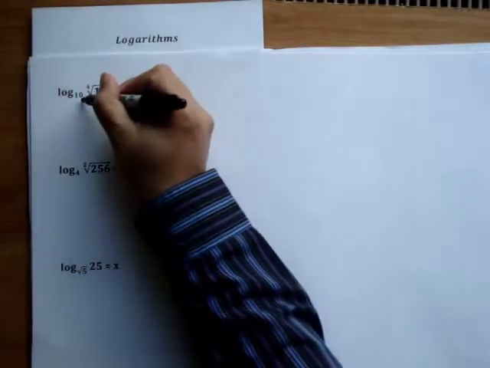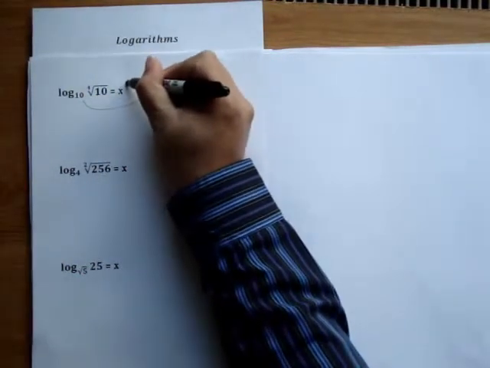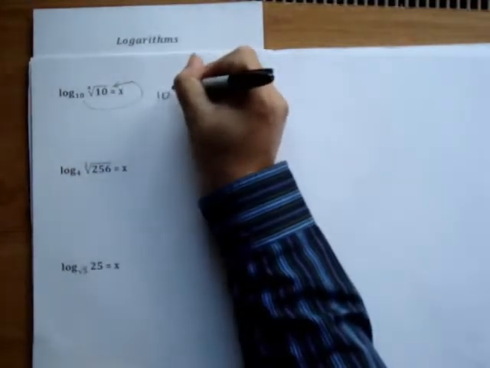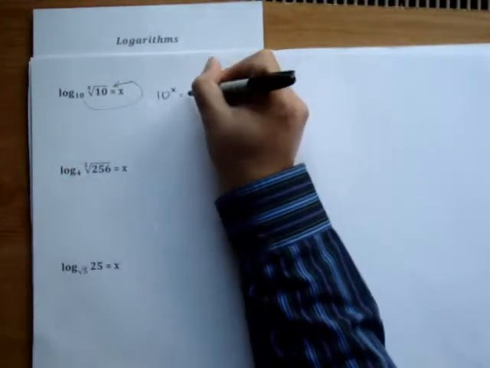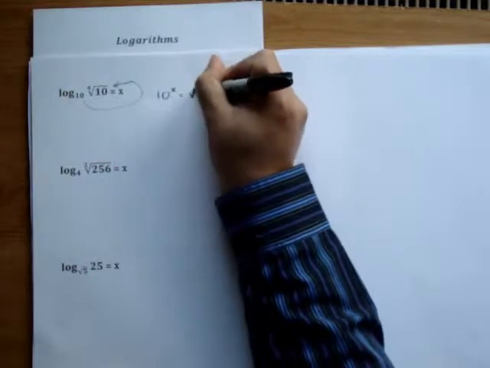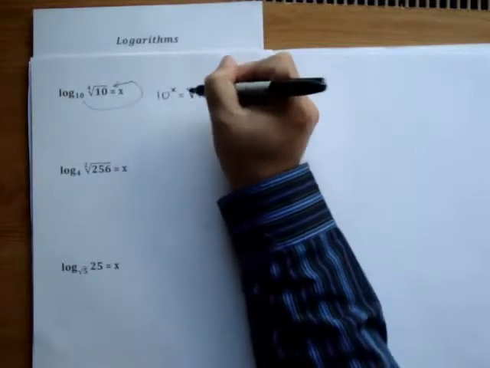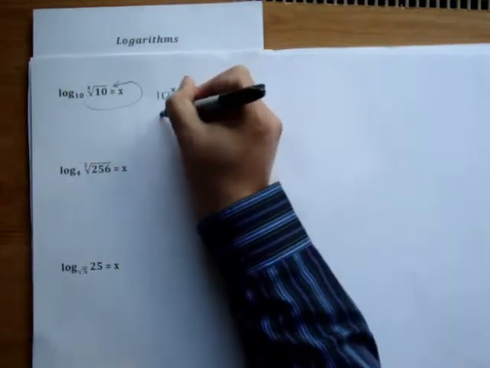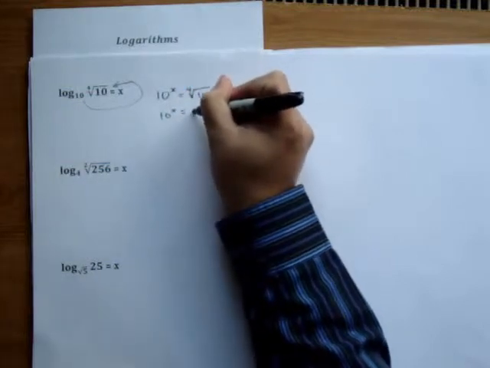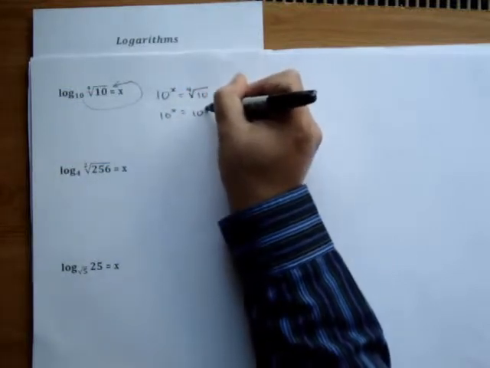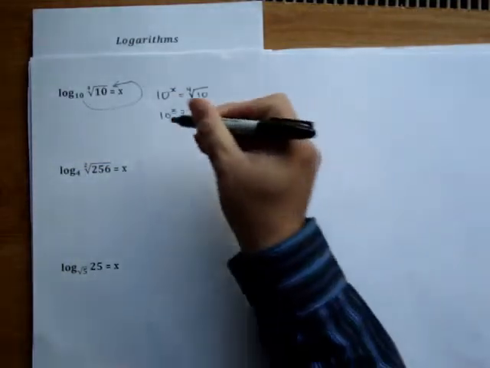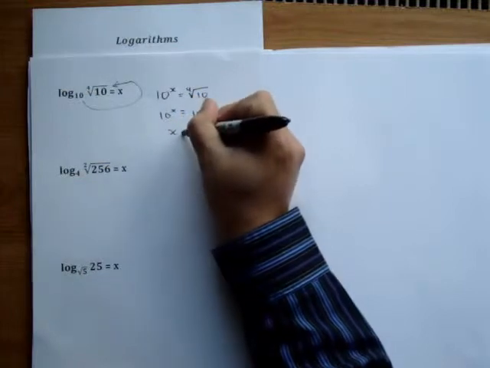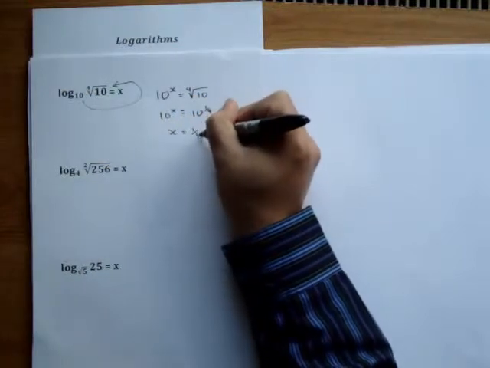We use our little scorpion again, 10 to the x equals, we take this as an exponential, so 10 to the x is 10 to the 1 over 4. Now our bases are the same, so x equals 1/4.